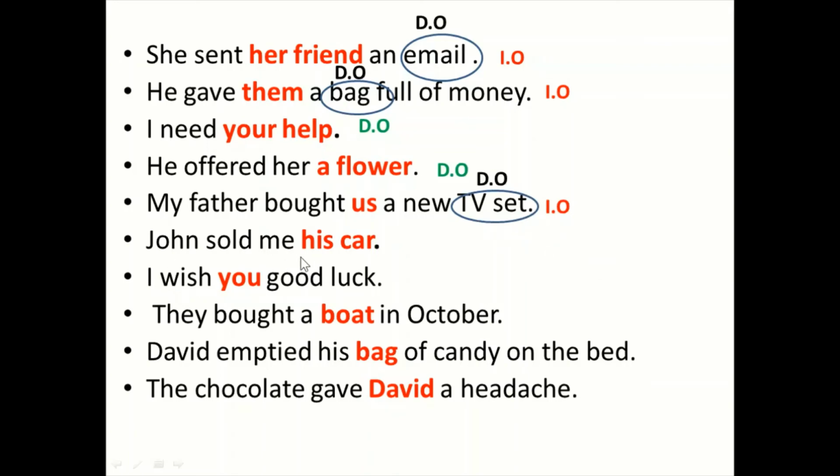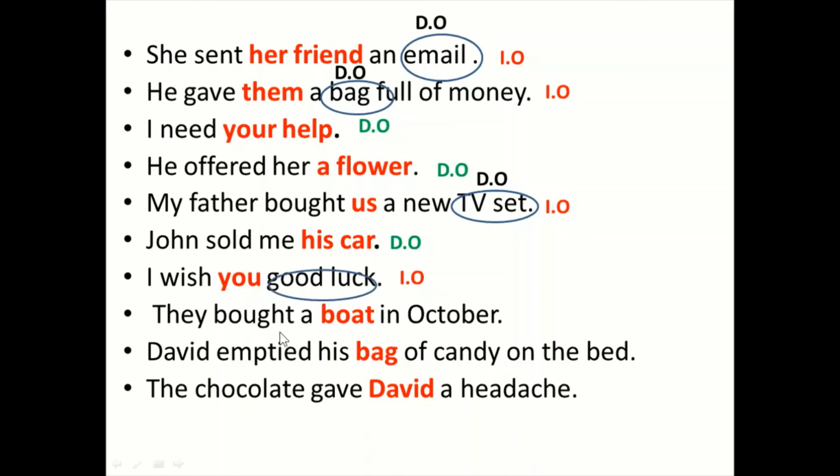John sold me his car. John sold what? His car. Direct object. I wish you good luck. You is here what? Direct or an indirect? Indirect. Direct object is good luck.